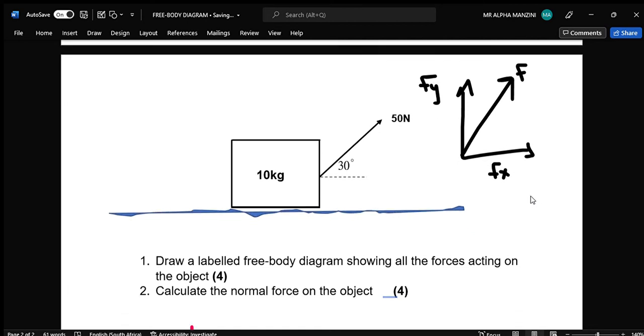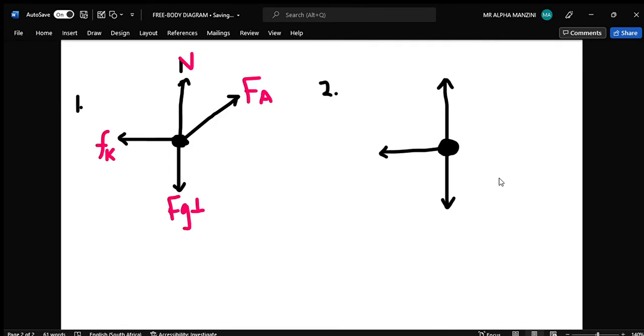So we're going to write it this way. That force is going up. We have this force and this one. Remember, these are 4 forces.